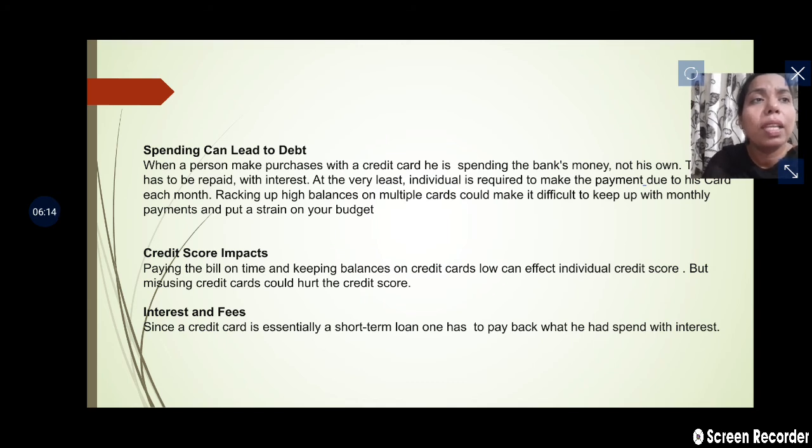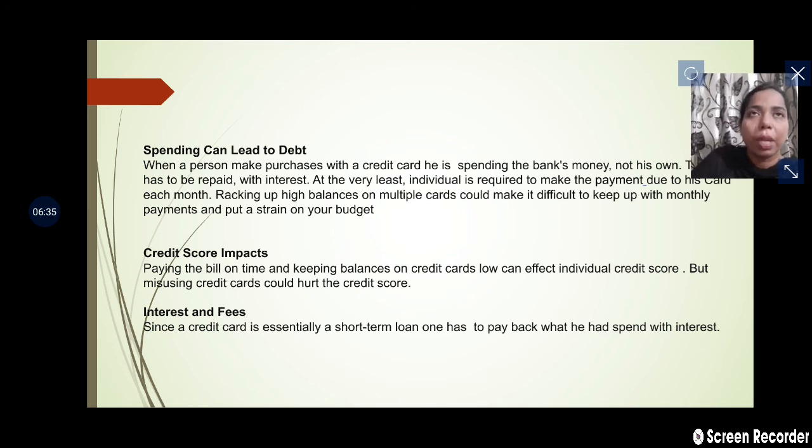So spending actually increases further spending, and the debt also mounts for an individual. The credit score is impacted by payments: if the payments are made properly and on time, then there will be a favorable credit score.